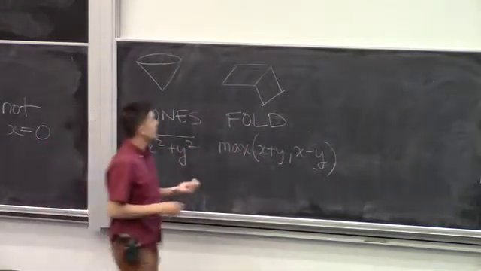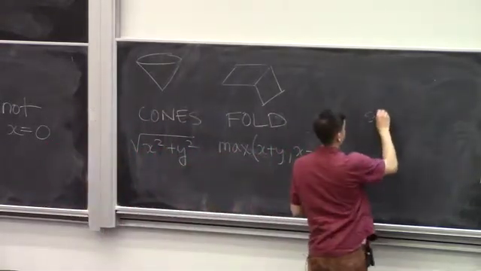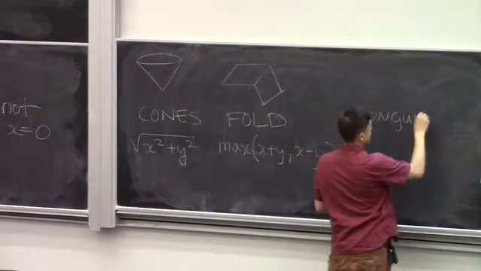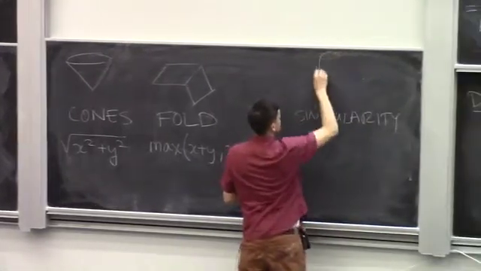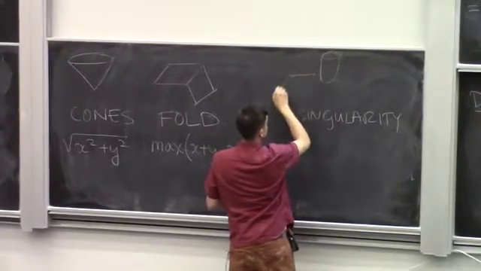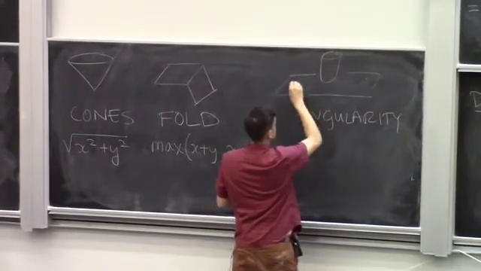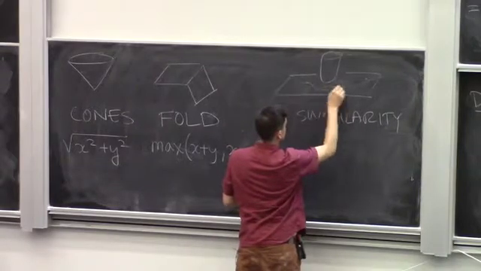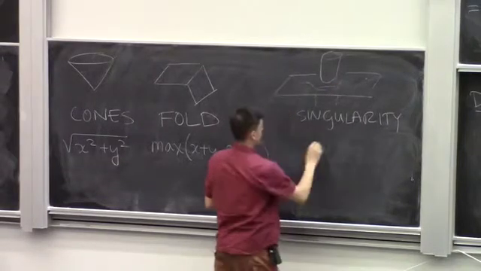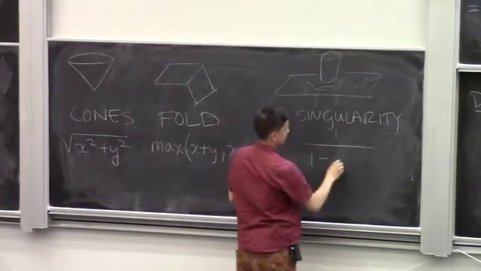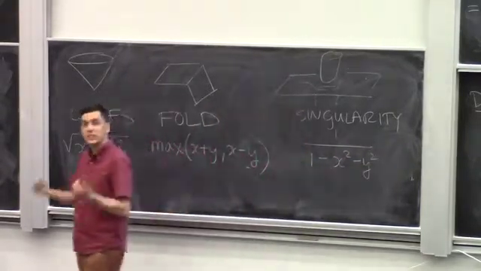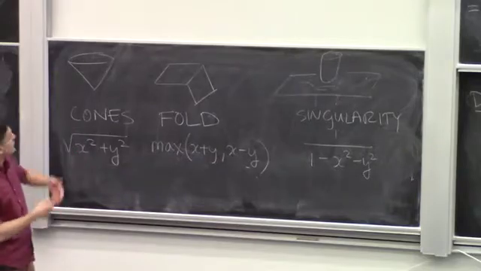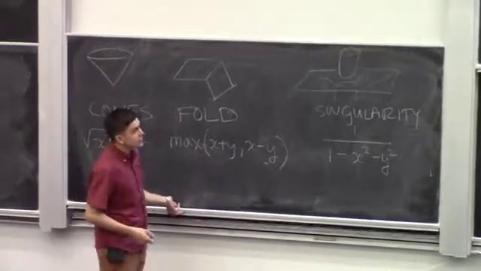Okay. Or we could have a singularity. Okay, so there's several reasons why we can fail to have a derivative in multiple variables.